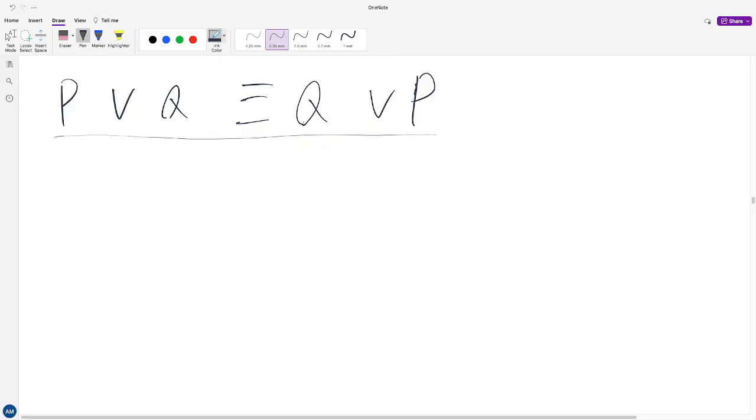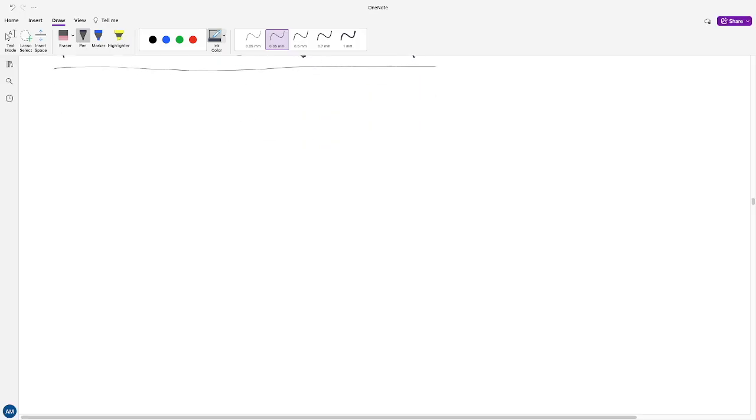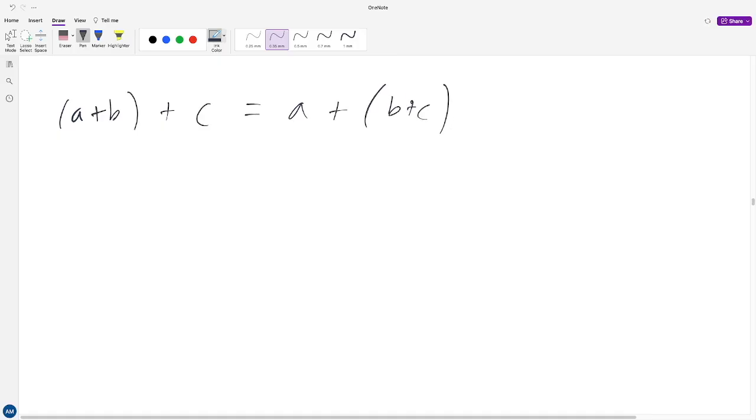Another law is an associativity law. So in arithmetic, (a plus b) plus c is the same thing as a plus (b plus c). And we also have that when it comes to logic.